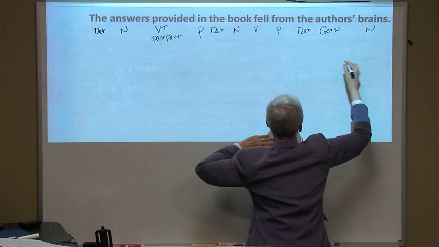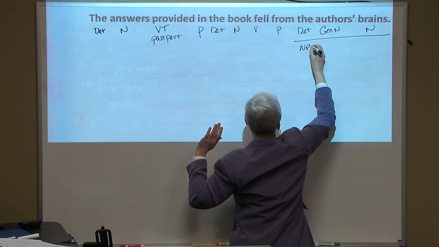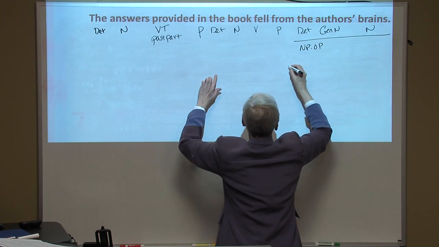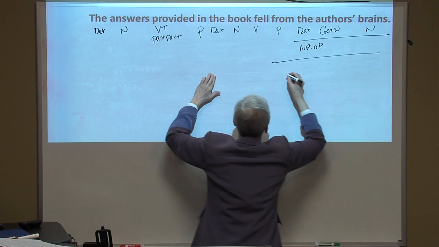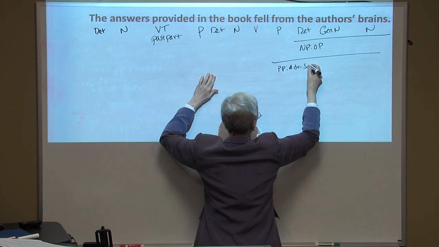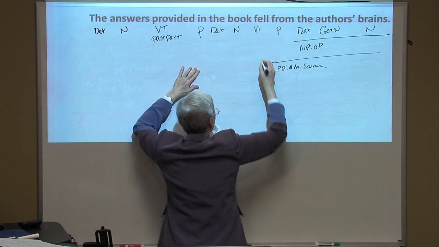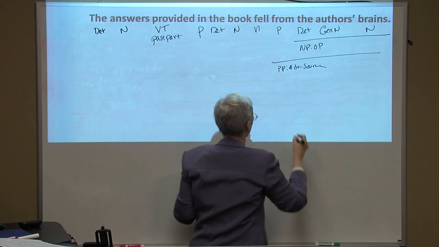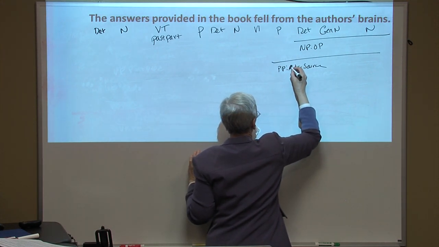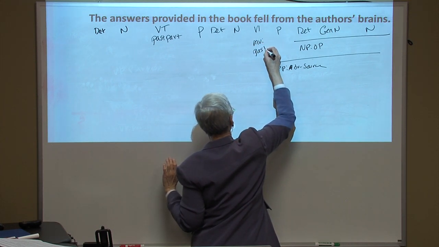Now, moving from right to left, the author's brains, noun phrase, functioning as the object of the preposition from, and the prepositional phrase functions as an adverb of source. Fell is intransitive. It's followed only by an adverb. And it's a main verb in the past tense.